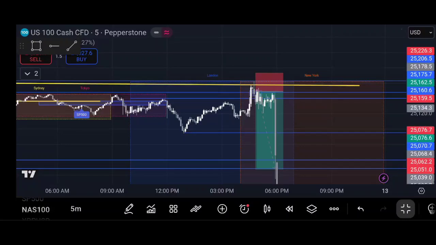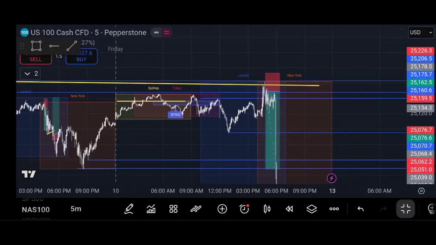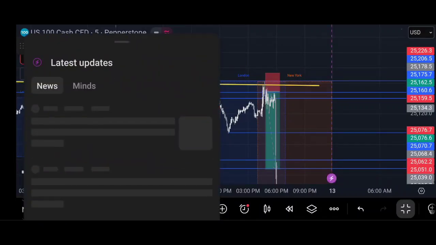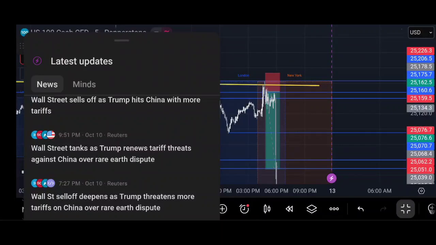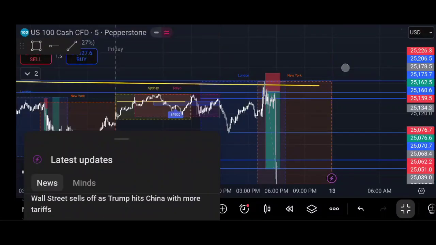After Trump spoke, the market just crashed. Every main currency, like the USD pairs, since it was American news. After the tariff talk, all the market started to dump.